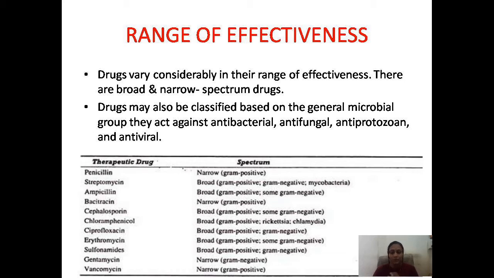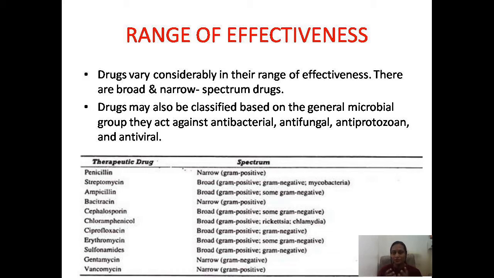Apart from the group they act on, we have one more parameter, whether it is a narrow spectrum or a broad spectrum drug. We usually divide bacteria into gram positive and gram negative organisms.